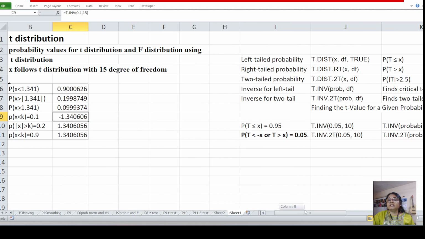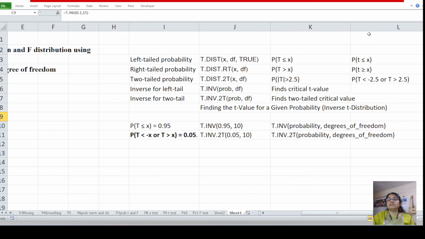You can see these are the cases we can consider. You can summarize all these things. If we want to find the left tail probability, we have to use t dot dist, then the value of x, degrees of freedom, and then the logical operator, we have to use TRUE, which will give the probability of t less than or equal to x.